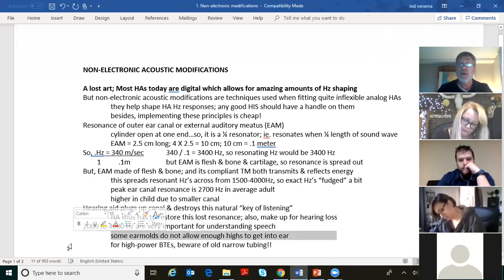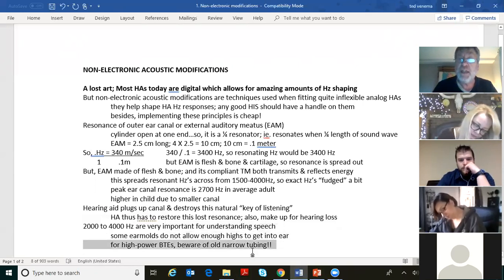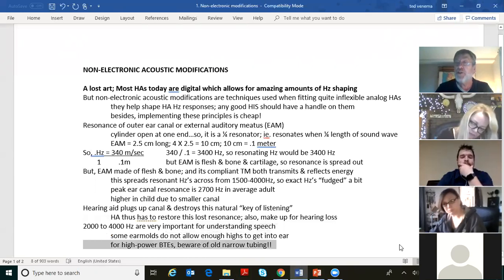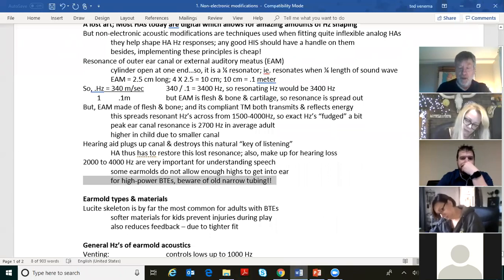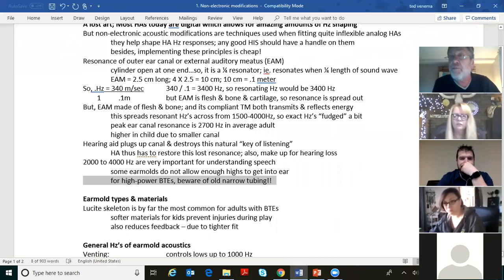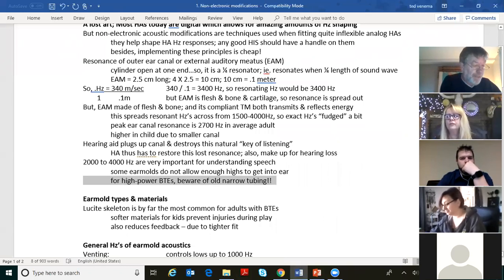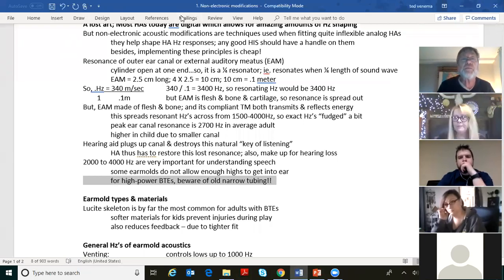And how come? Because for some high power hearing aids, BTEs, the tubing may have become narrow. In other words, if I show you this, the tubing in a BTE, let me pull out my little OTC bag of hearing aids again and stop sharing. In a good old BTE, I'll hold up the hearing aid.